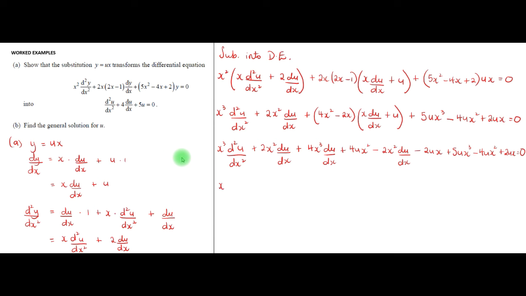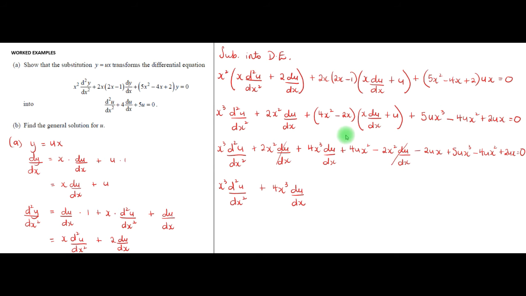So we're going to have x cubed d squared u dx squared. And then let's look for the du dx. We have 2x squared minus 2x squared. So those are gone. We have a plus 4x cubed du dx.